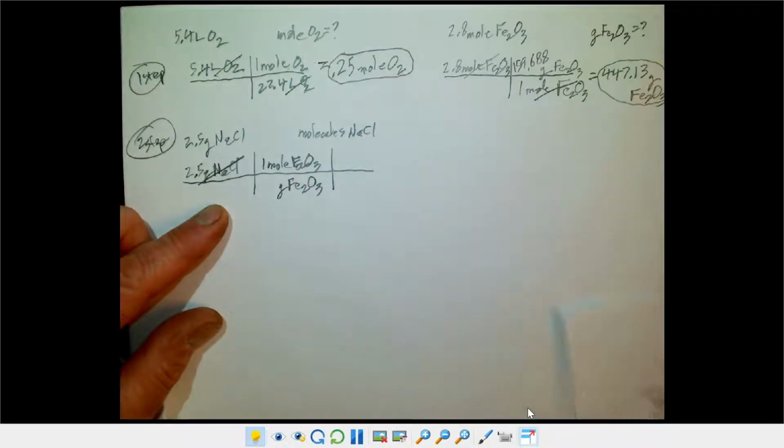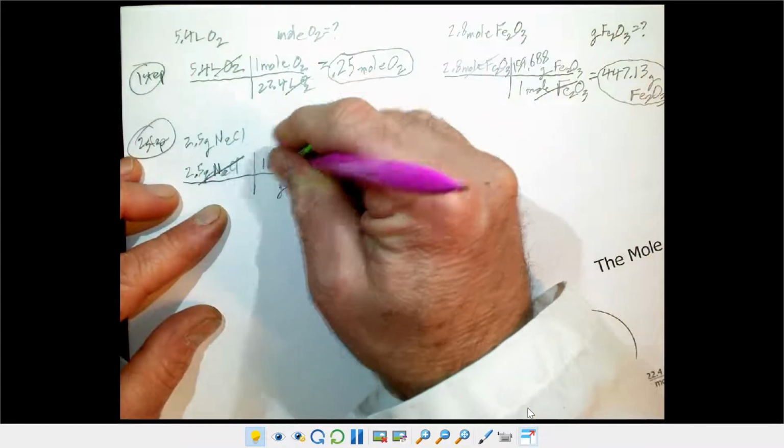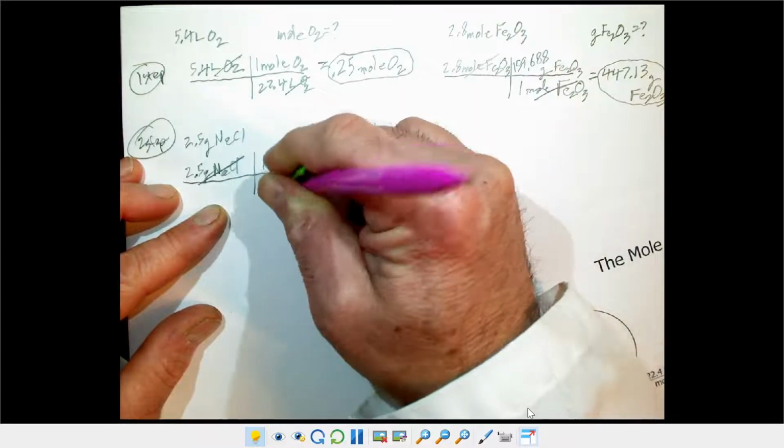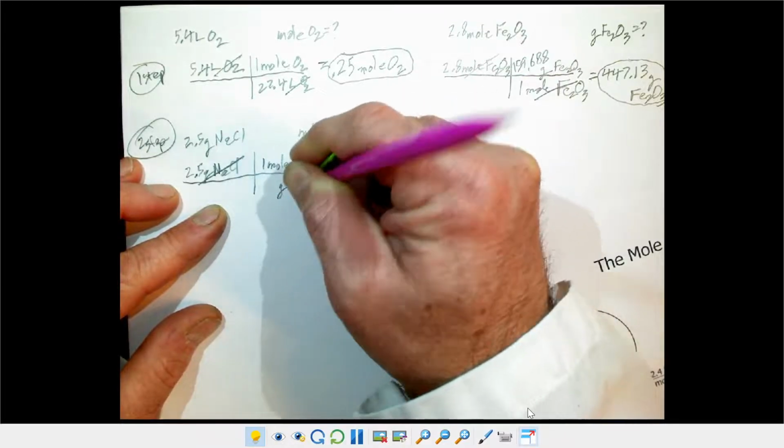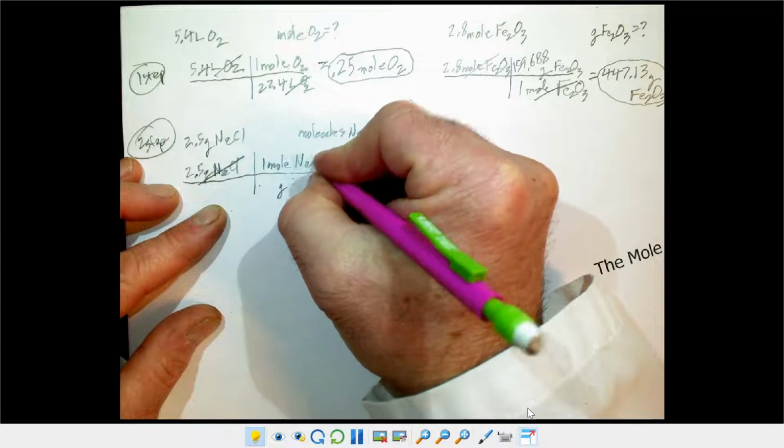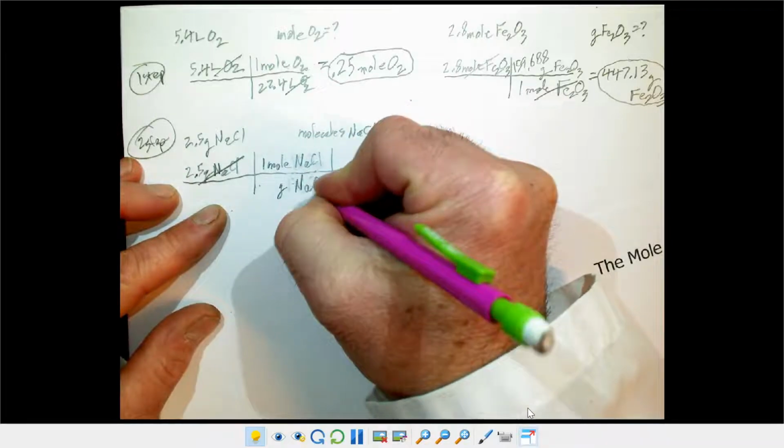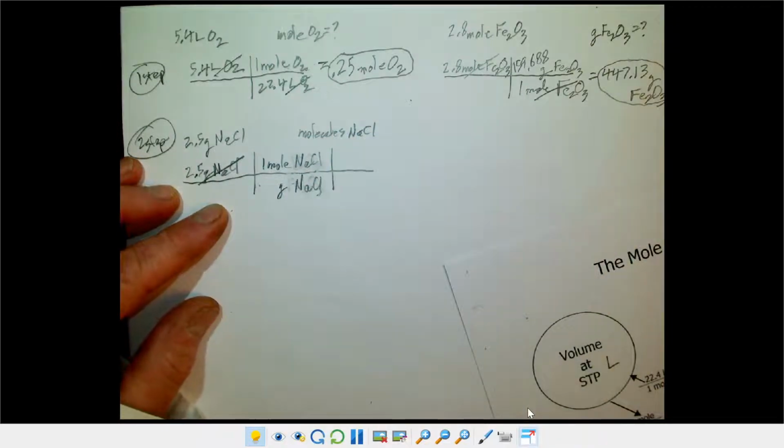Oh, it's NaCl, wrong substance. I should pay attention to that. That happens, especially when you get in a hurry. All right, so NaCl, NaCl. So we have to figure out what the atomic mass is for that.